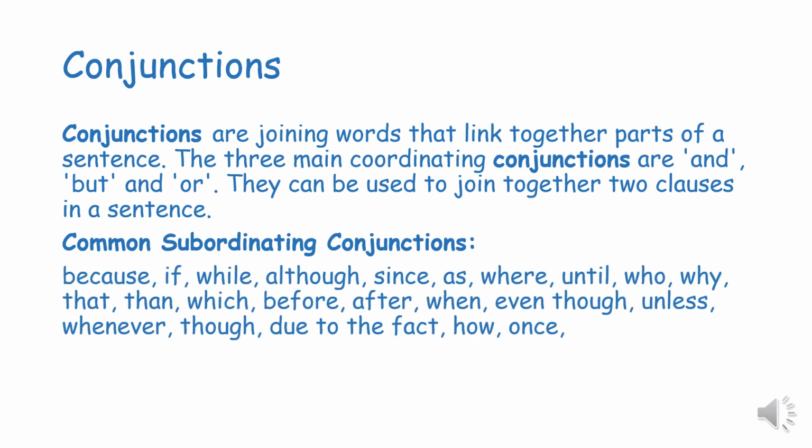I'll give you a little bit of time to read these, as there's quite a few of them. So all of these words can be used to link together two clauses in a sentence.